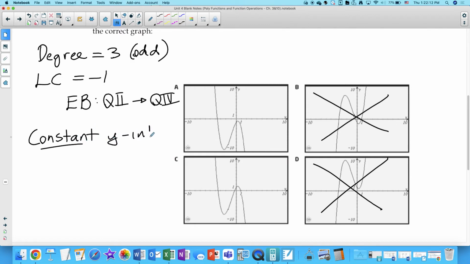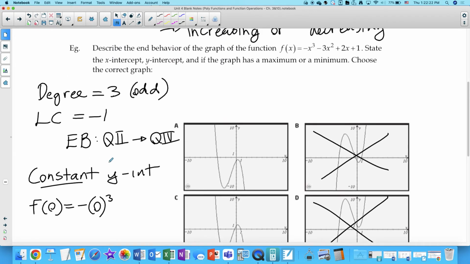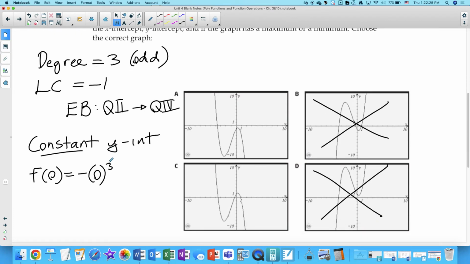If you think about it, f of 0 is negative 0 cubed, minus 3 times 0 squared, plus 2 times 0, plus 1. It doesn't matter what all of these terms are. Anything with an x in it is going to disappear. So all that's left is the constant. So that's the last piece that we can use. We have a positive constant. So this guy is C. This is the one.